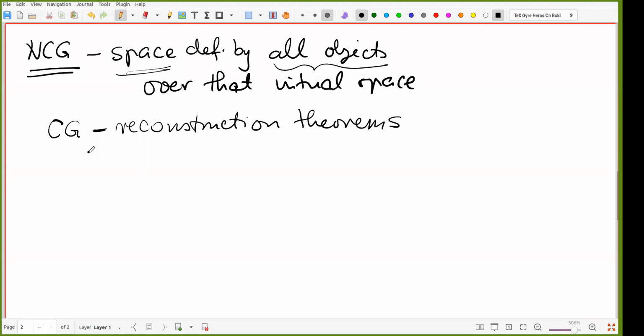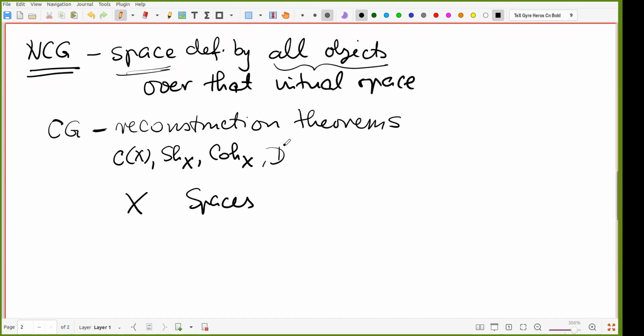Then over a space, what can live? You can have functions over space. You can have sheaves over space. You can have, say, coherent sheaves over space. You can have maybe the derived category of sheaves over space.